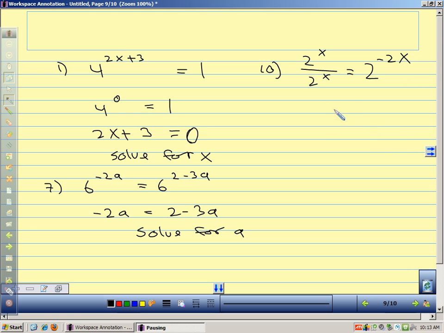What's 2 to the x divided by 2 to the x? 1. So 1 equals 2 to the minus 2x. What's the only way to get a 1 if I'm raising a number to an exponent? The exponent has to be 0. So this tells me that negative 2x equals 0, so x has to equal 0. So that'll get you going on some of those problems.